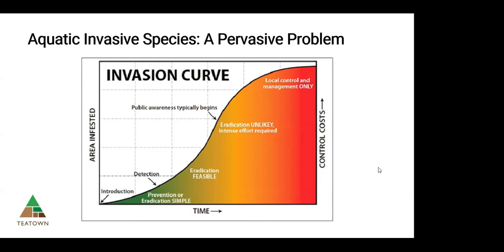I get emails weekly of pictures of plants that are completely covering the surface, and people asking what it is. So it just takes a lot longer for people to notice, but also there are some plants that just have extreme exponential growth, and it might only be one season before it's topping out certain areas.